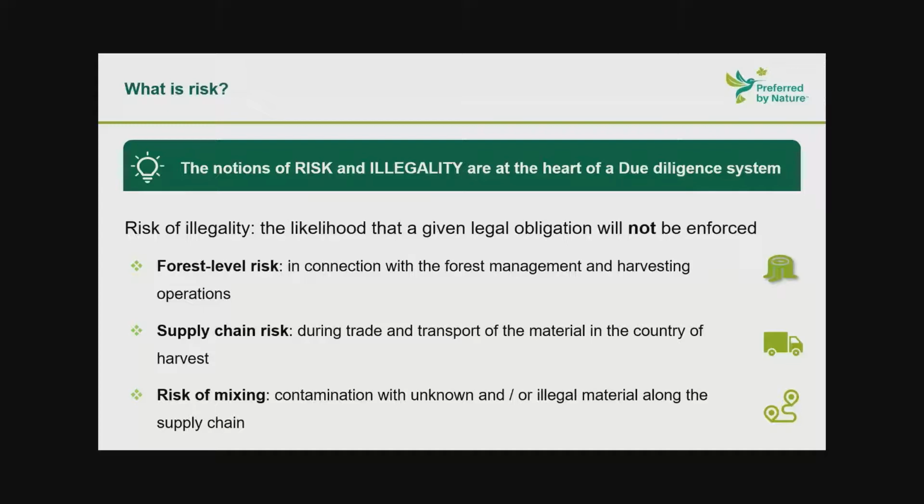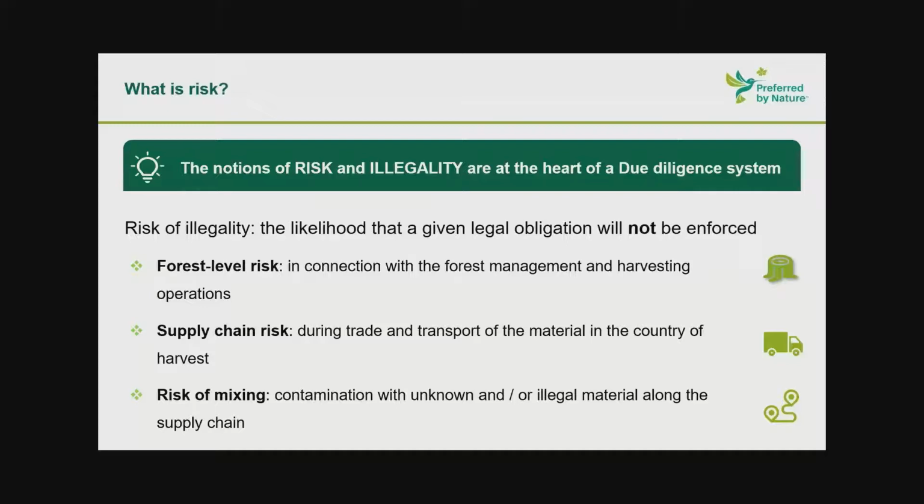Of course, we won't be looking at every kind of risk, but we will be looking at forest level risks, supply chain risks, and risks of mixing. Forest level, of course, is what's happening on the ground: are the documents okay, are there harvesting permits, and so on.